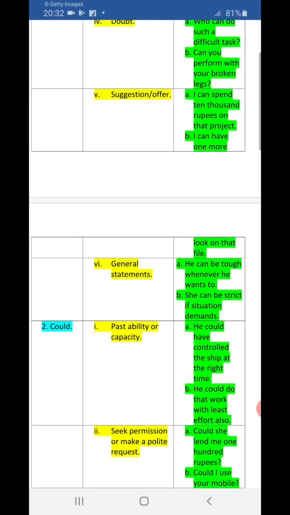So she can be strict if the situation wants, or there is any necessity of the situation, or if someone's necessity makes her to do so, or lets her be in that state.